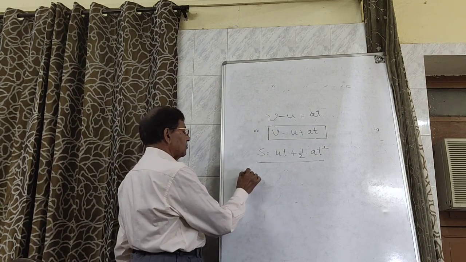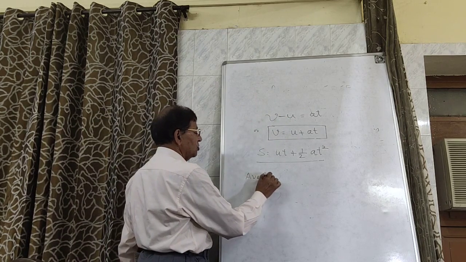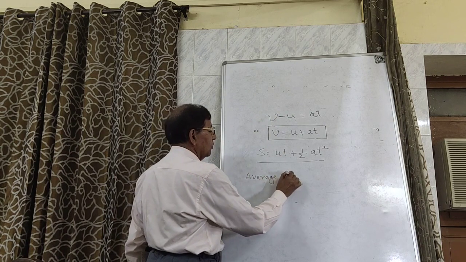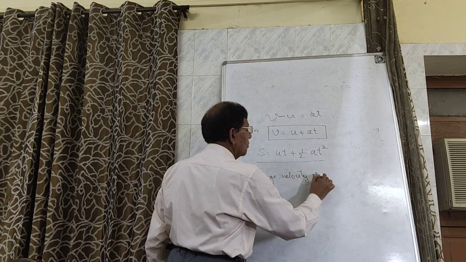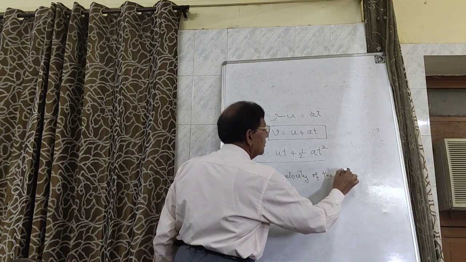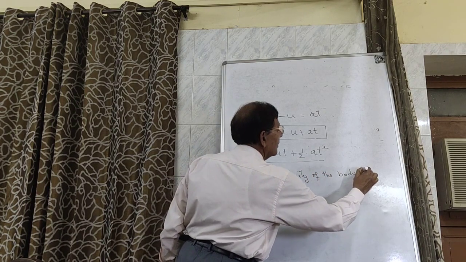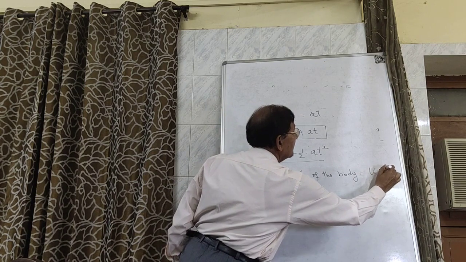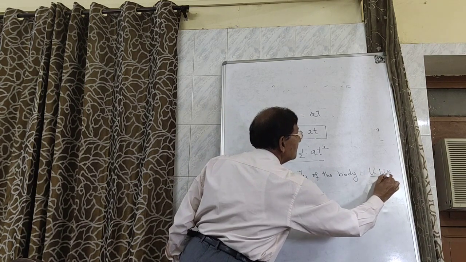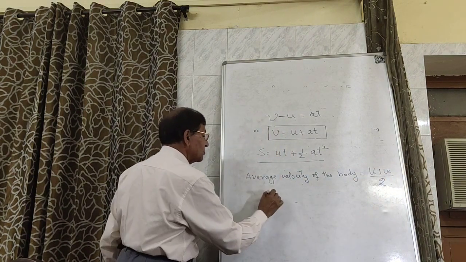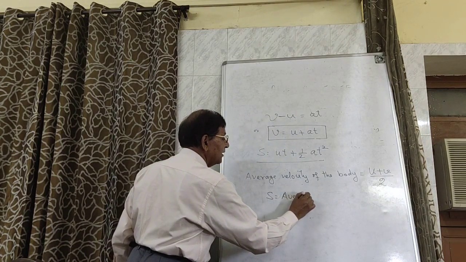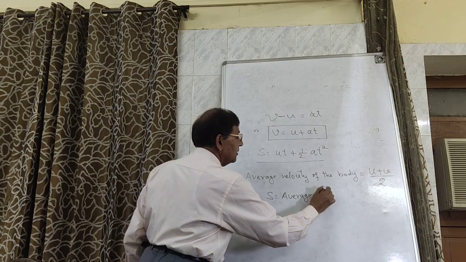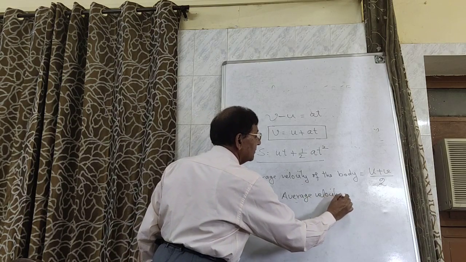Therefore average velocity of the body equals u plus v divided by 2. And distance equals average velocity multiplied by time.